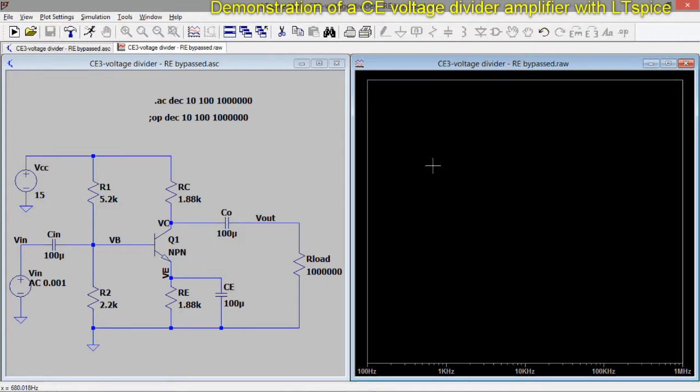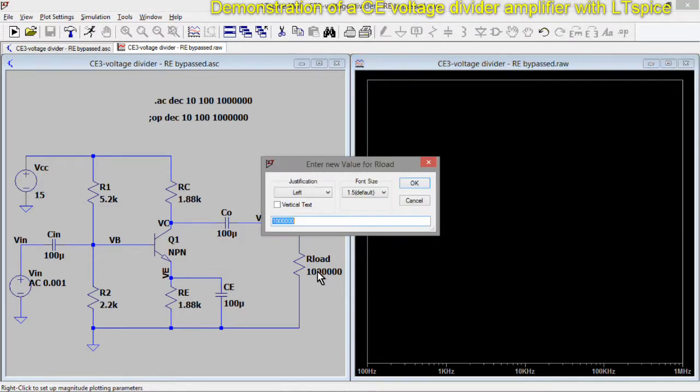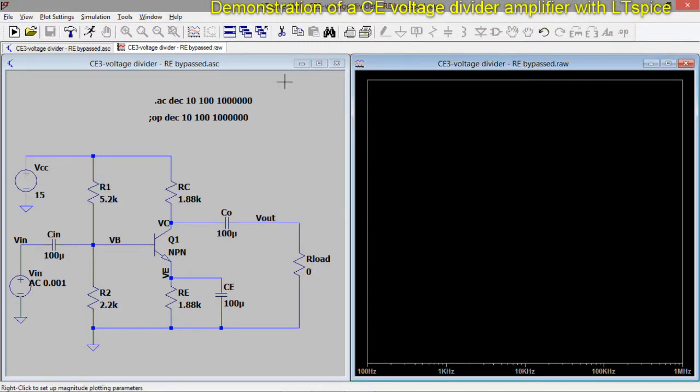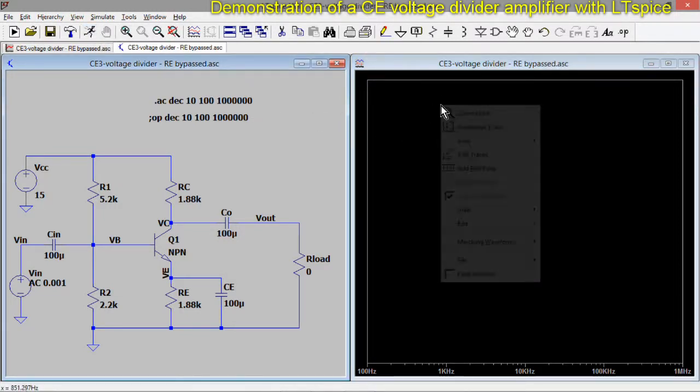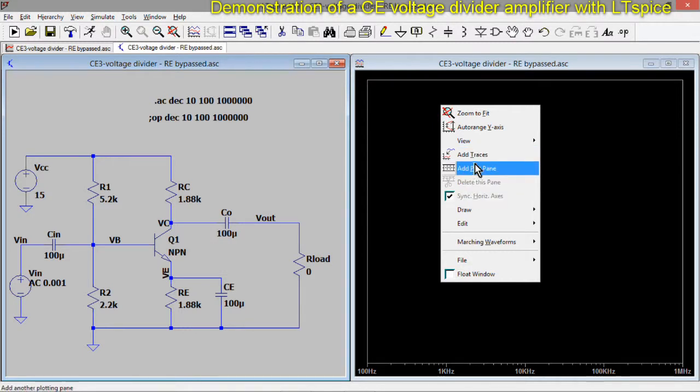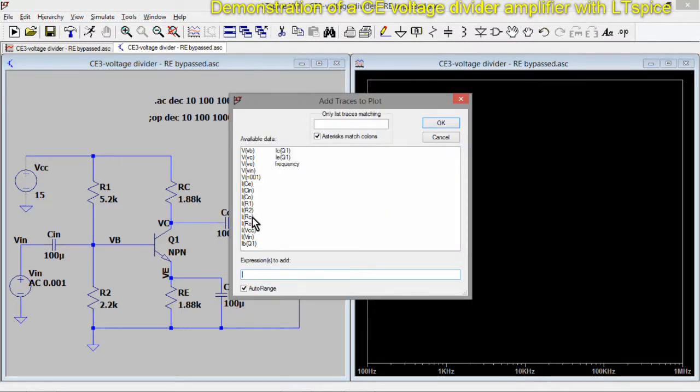If I wanted now to calculate what we called AI0, which is the amplification in current when the output terminals are shorted, I need to set RL to 0. So now I will run the simulation again, and I will now plot the current amplification. So we check that one as well.